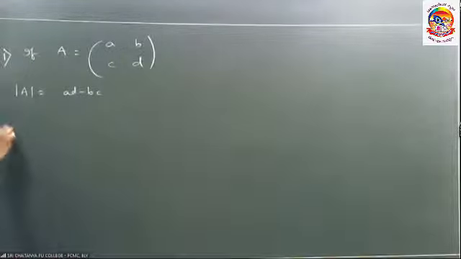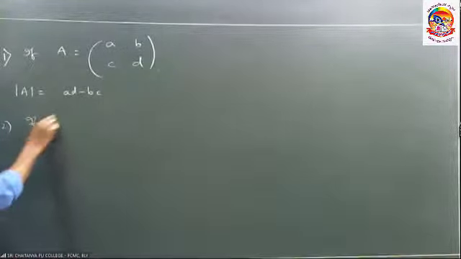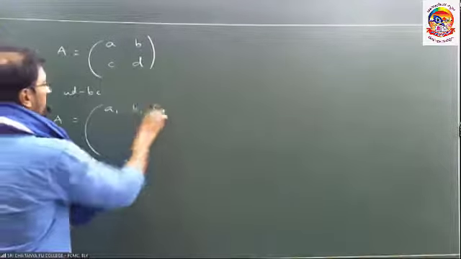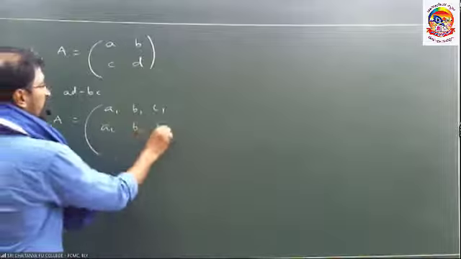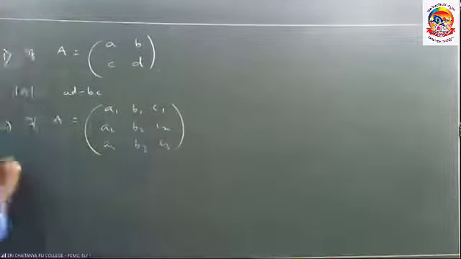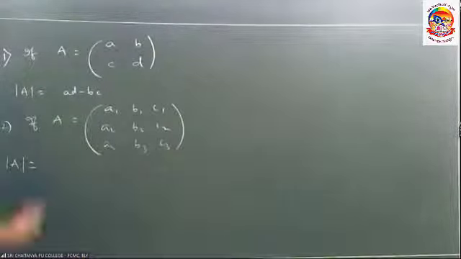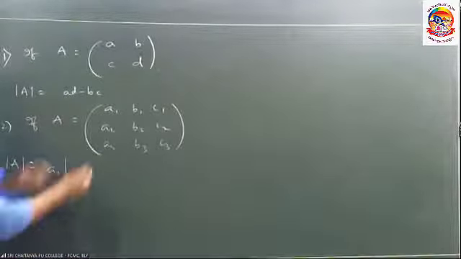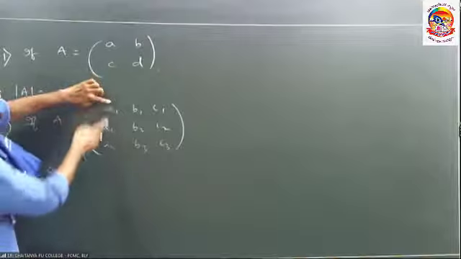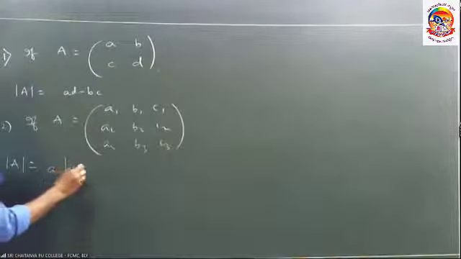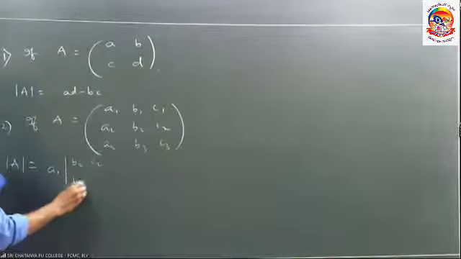The second one: if capital A is equal to the matrix with rows a1, b1, c1; a2, b2, c2; a3, b3, c3, then |A| can be expanded like this. Don't write, just observe. a1 into, excluding this concerned column and this row, you are going to get b2, c2, b3, c3.